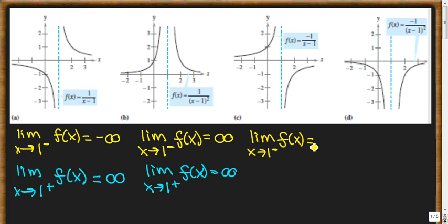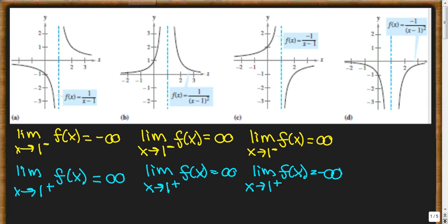So instead of f of x going to negative infinity from the left, it is now going to infinity, and we can see that occurring here. And then the limit as x approaches 1 from the right side of f of x is approaching negative infinity. Again, we can see that it's going down.